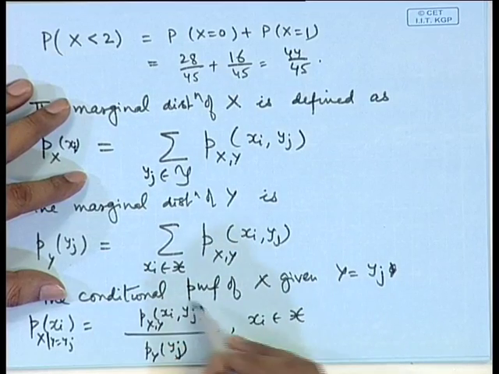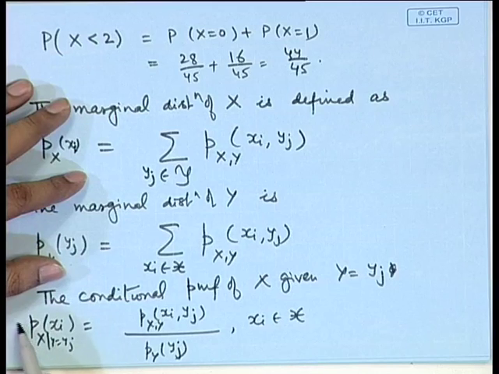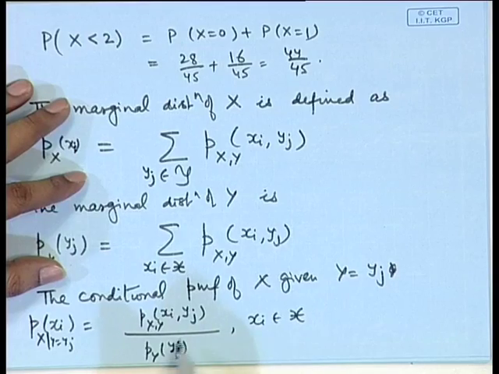To see that it is a valid probability distribution, let us sum over all the values of x_i. The numerator becomes the marginal distribution of y_j, which is the denominator. So, this will become 1. So, this is well defined.